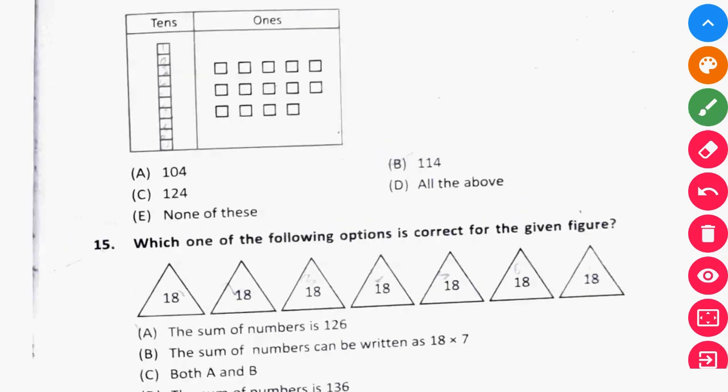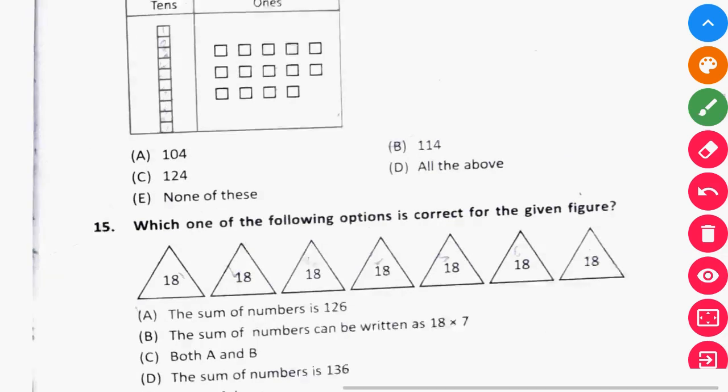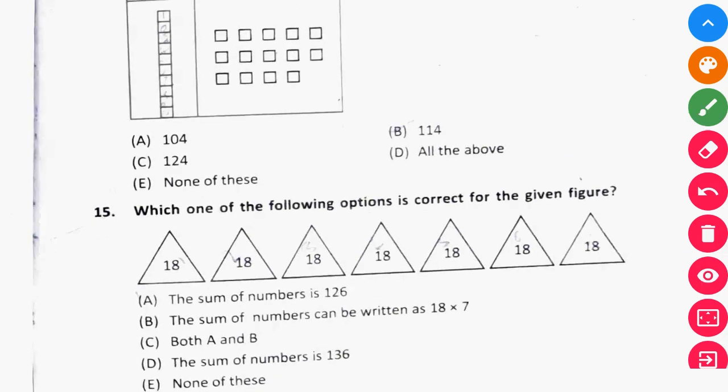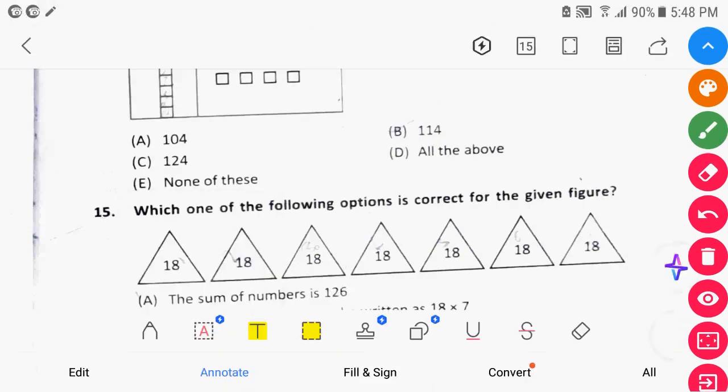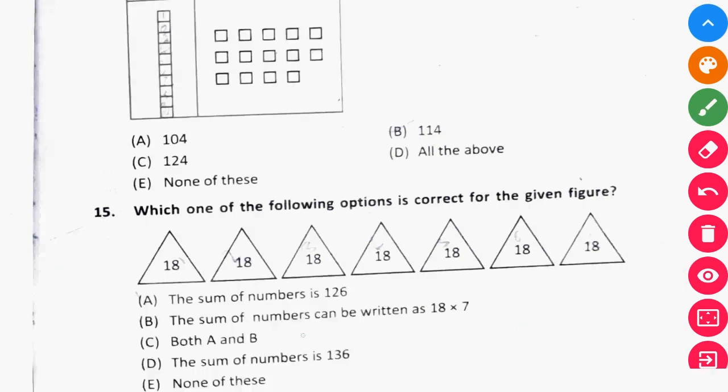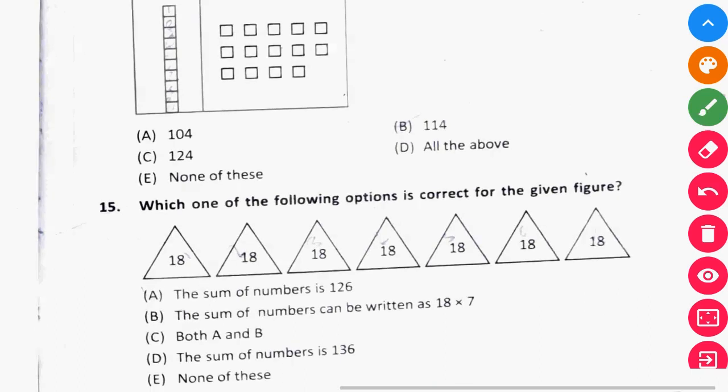Now, which one of the following options is correct for the given figure? Now you have to check which is the correct answer. 18 plus 18 plus 18 plus 18 plus 18. Sum of all the numbers is equal to 126. Is it correct?